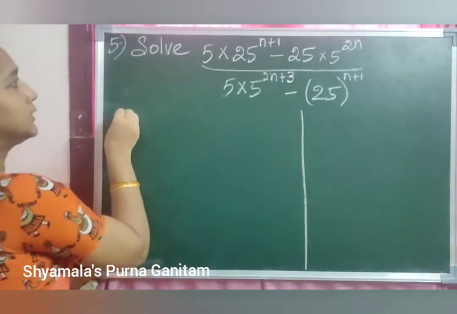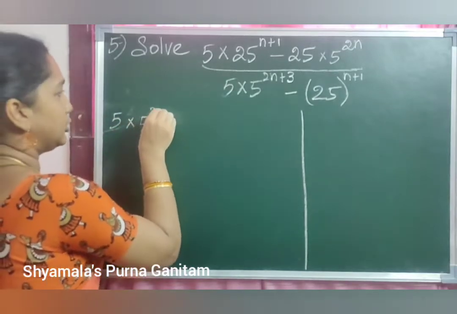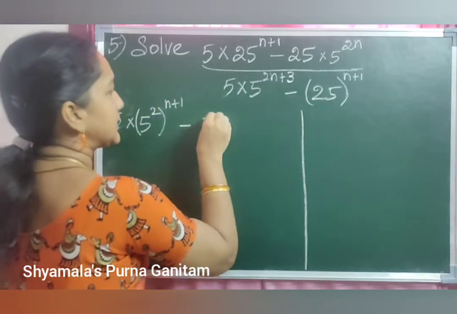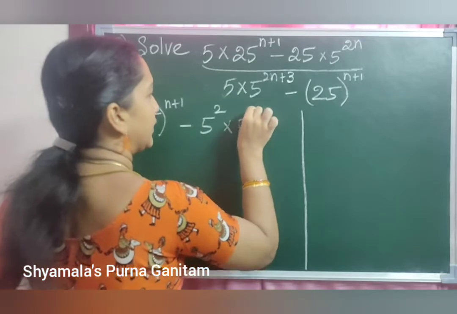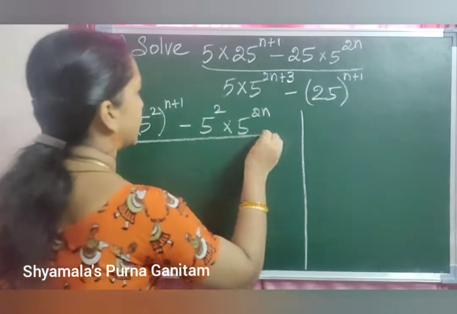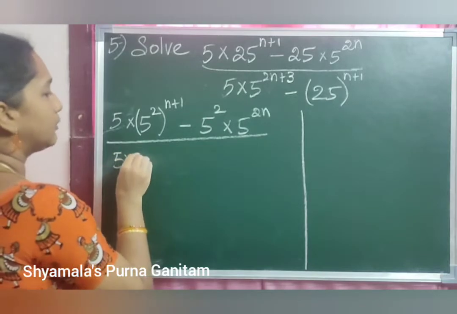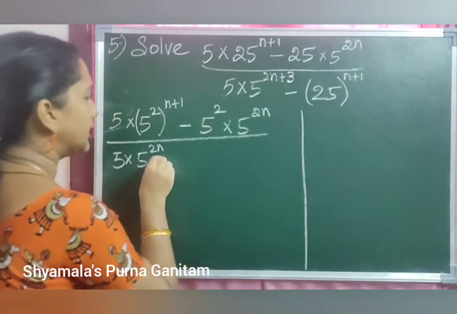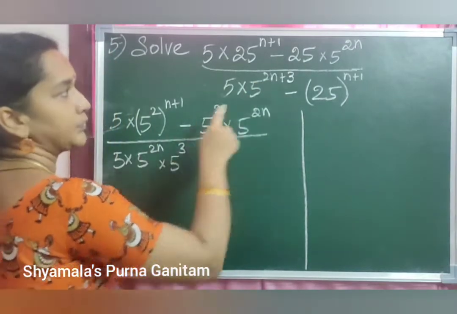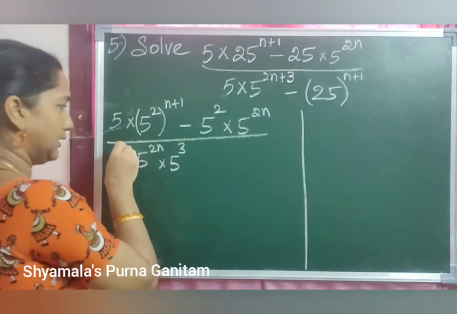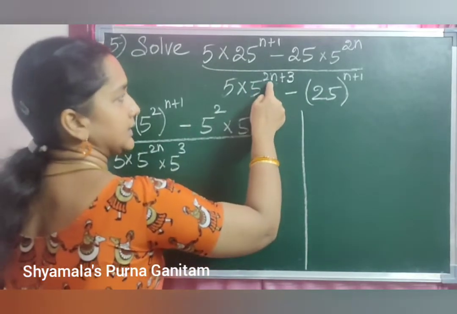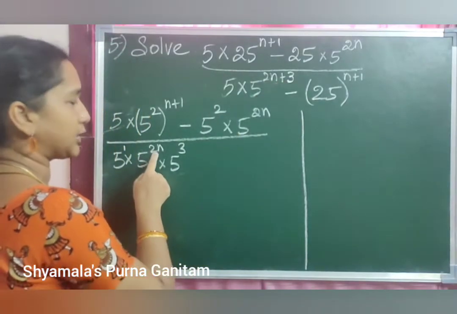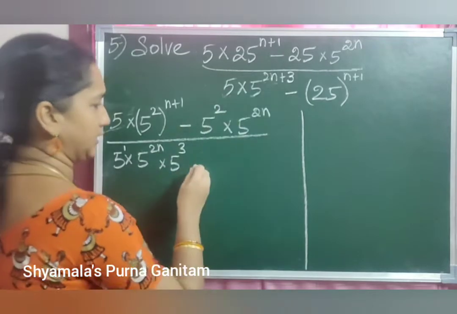So 5 power 5 into 5 power 2. This 25 I can write as 5 power 2 whole power n plus 1, minus 5 power 2 into 5 power 2n, divided by 5 into 5 power 2n. This one I am splitting and writing as 5 power 2n into 5 power 3, since 5 power 2n plus 3 is 5 power 2n into 5 power 3.